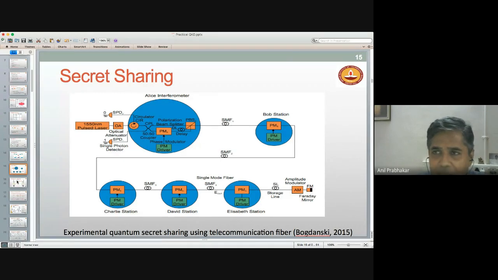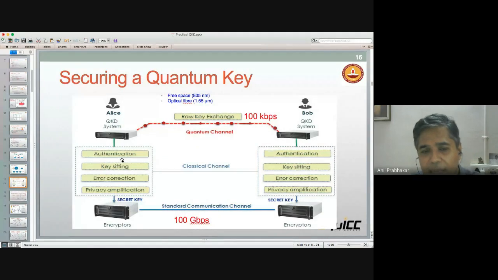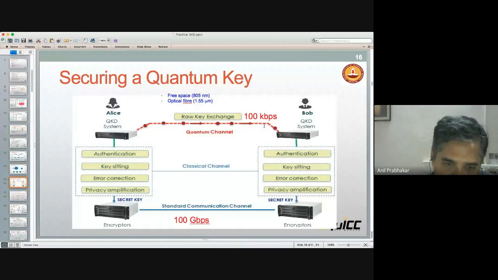So let me take it up one level again and say, this is what is actually going to happen. You're going to have a QKD system. You're going to have a quantum channel between Alice and Bob. This quantum channel is going to run, in this particular picture, at 100 kilobits per second. Toshiba has said that they can take it up to 10 megabits per second.